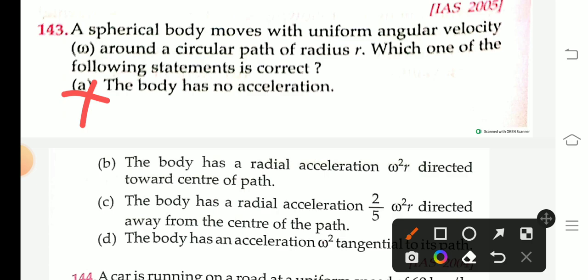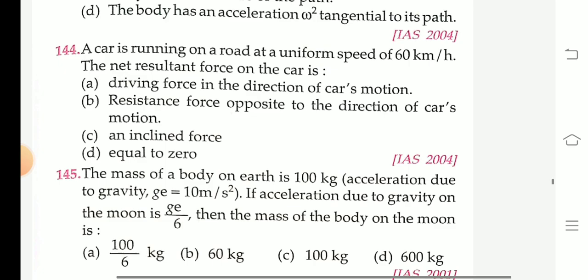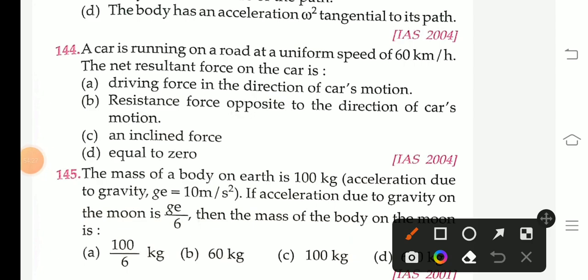The body has a radial acceleration omega square r directed towards the center of the path. A car is running on a road at a uniform speed of 60 km per hour. The net resultant force on the car is equal to 0.